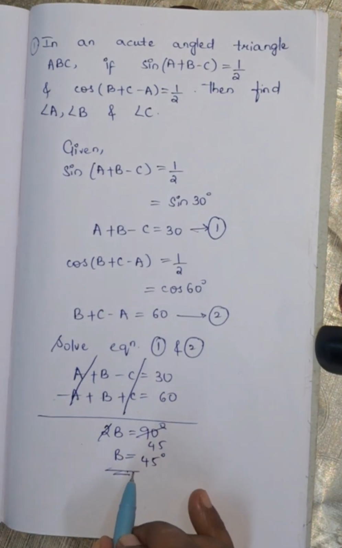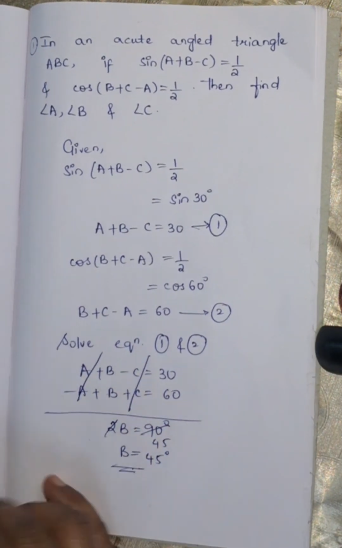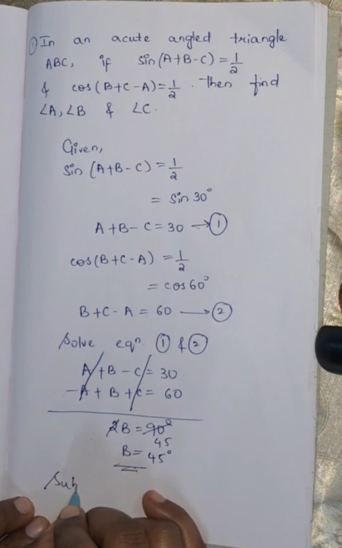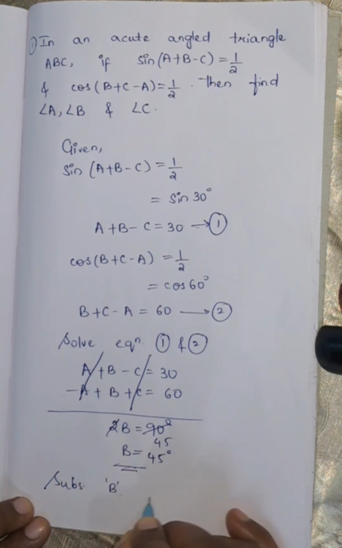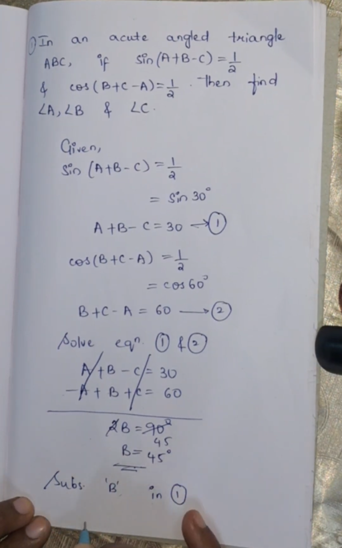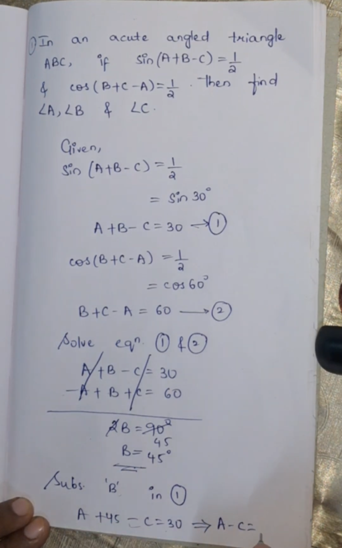Now substitute B in any of the equations. Substituting B in 1, we get A + 45 - C = 30. So A - C = 30 - 45, which is -15. Let this be equation 3.